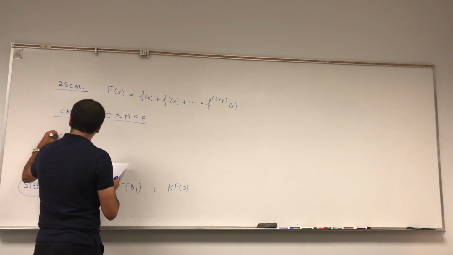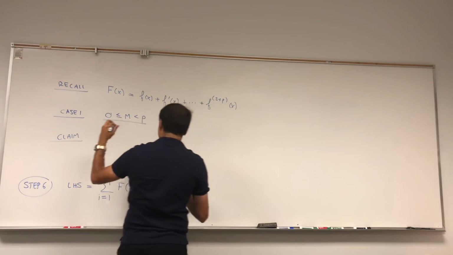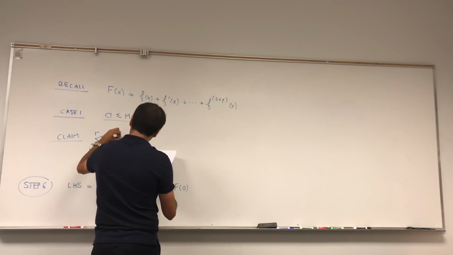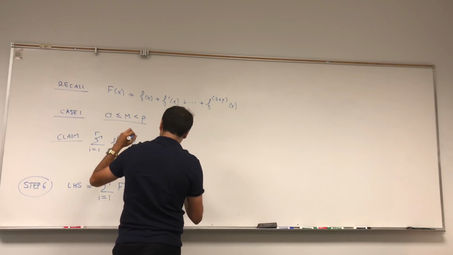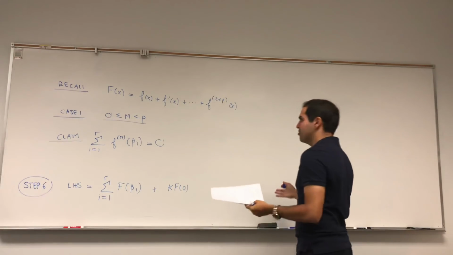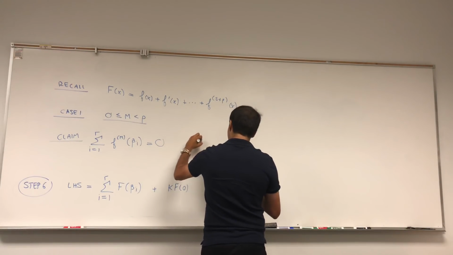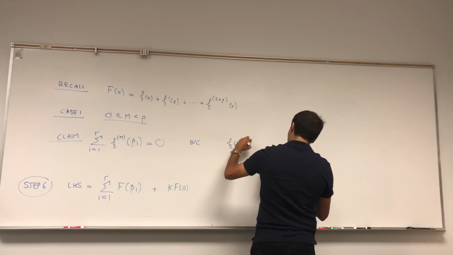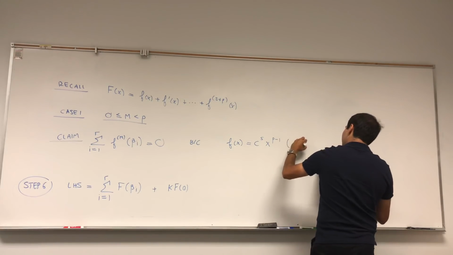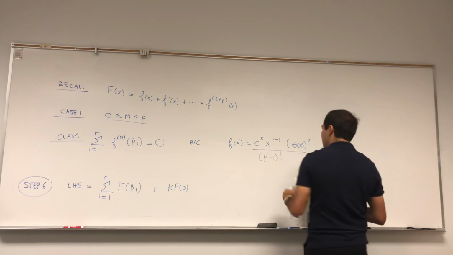I'm claiming that, in fact, in that case, the sum of little f's, f_m of beta I, equals 0. And this just follows from the definition of f, because, look, remember that f of x was c of s, x to the p minus 1, theta of x to the p over p minus 1 factorial.